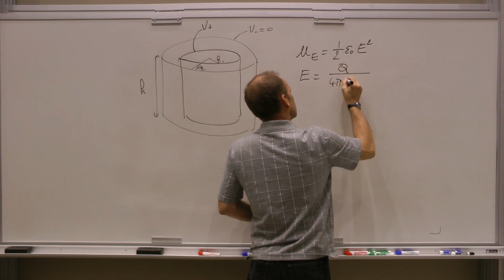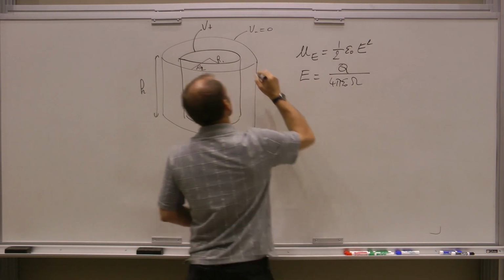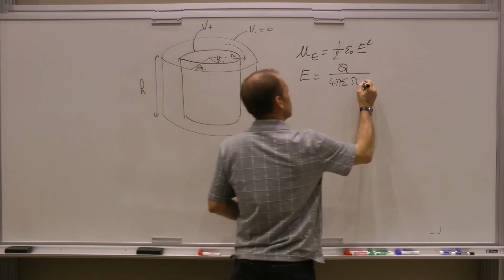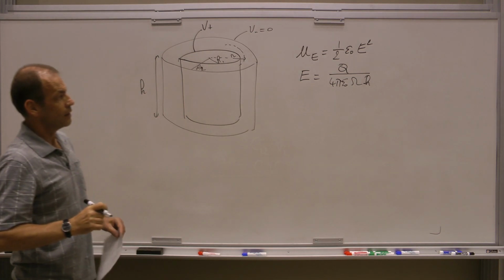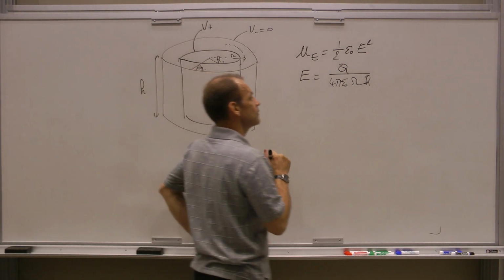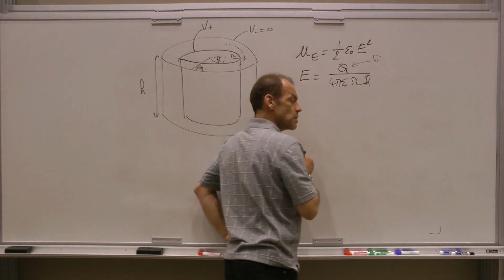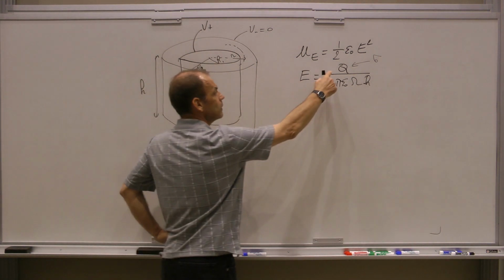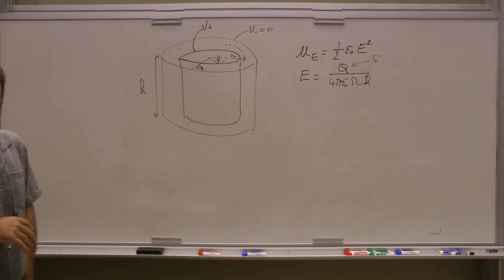Q over 4 pi epsilon 0, the value at a given radius little r from the center of that structure, and then times h being the height of that cylinder. So we have seen it in a slightly different form because we were using sigma as opposed to Q. But because I'm interested in figuring the capacitance and Q is equal to CV, I am holding that variable Q in the value of the electric field. I am not transforming it in the form of sigma.